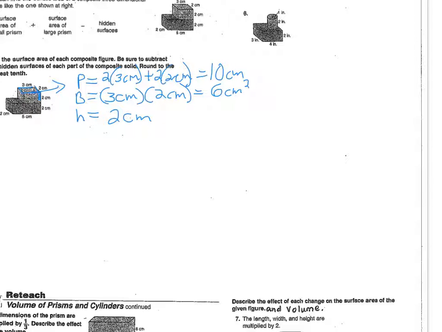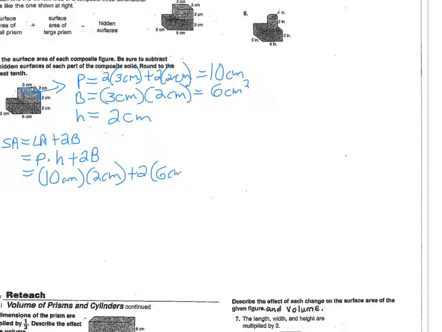So then I need to know the surface area of that small prism. Let me start with that one. The surface area is the lateral area plus the two bases. The lateral area formula is perimeter times height, and then we just add the two bases. So the perimeter is 10 centimeters, and the height is 2 centimeters, and then we add the two bases, which is 6 square centimeters each.